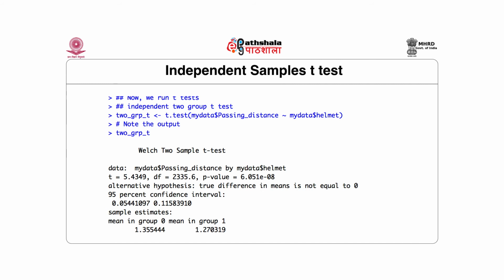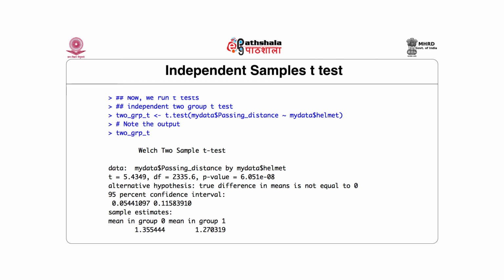This is something that you should be aware of. In real life, when you are conducting a study where your outcome variable is a continuous variable and your exposure variable is a categorical variable with two categories, and you are interested to run a t-test, always ask yourself whether these two categories, for example, in this case, helmet wearing as wearing or non-wearing, represent essentially two different groups of people or not.